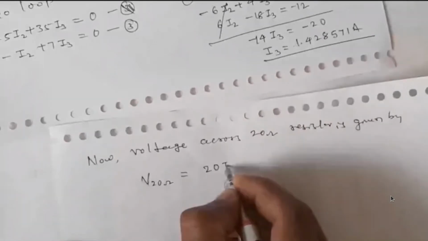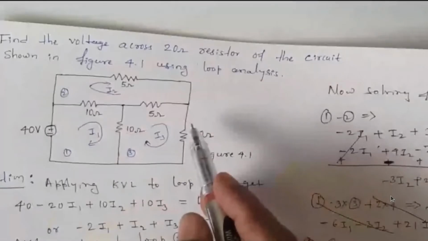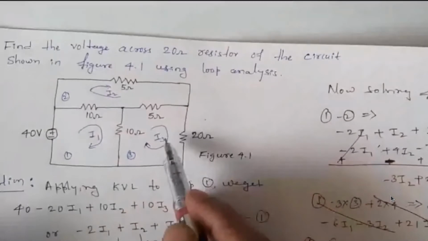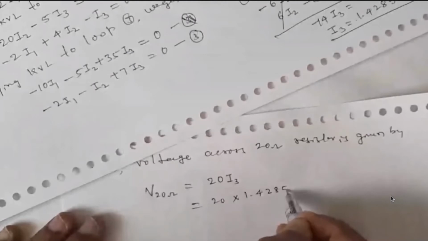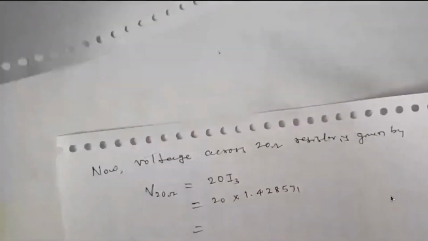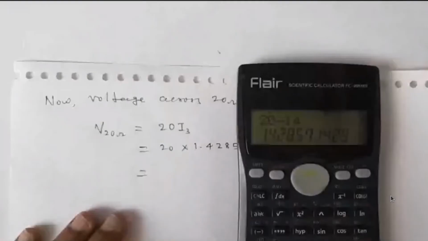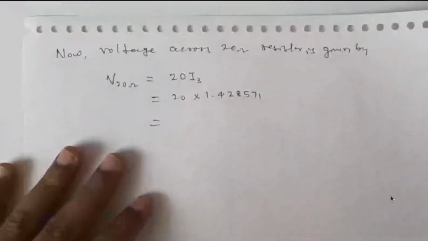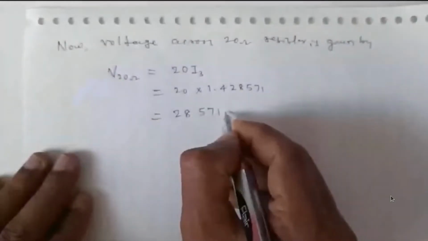If you see, the voltage across this is 20 I3, current into resistance. This is equal to 20 into 1.428571. If you multiply, how much do you get? Into 20, it is 28.571 volts, that is V20 ohm.